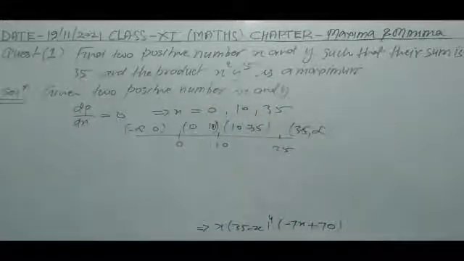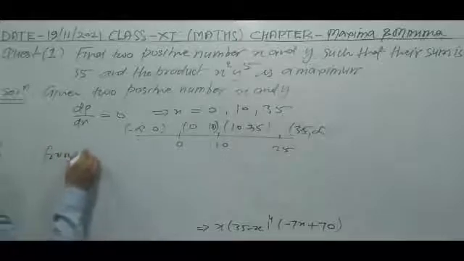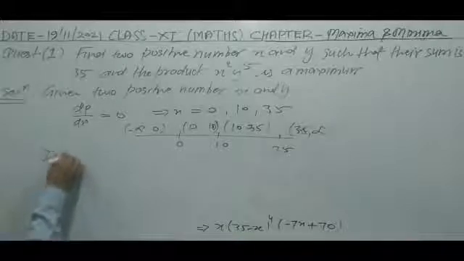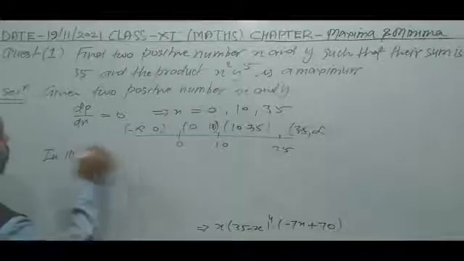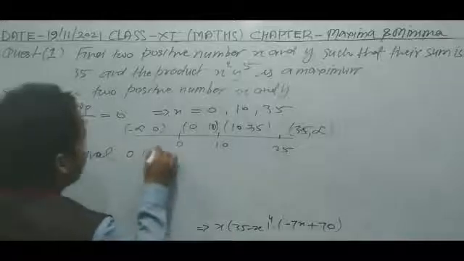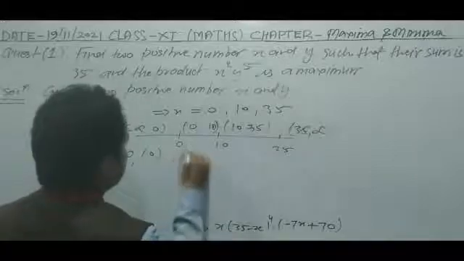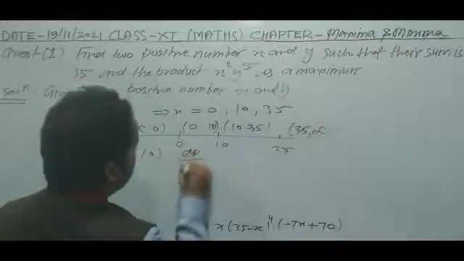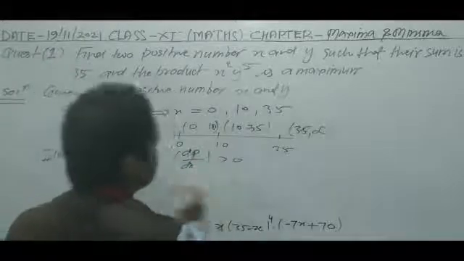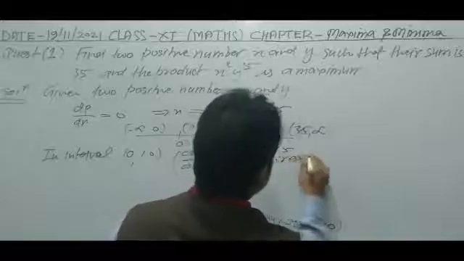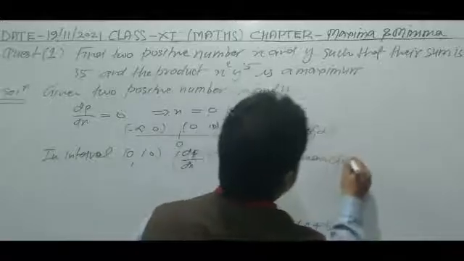So in 0 to 10 the function is increasing and in 10 to 35 it is decreasing. We can write: in the interval 0 to 10, dP by dx is greater than 0, therefore increasing curve.